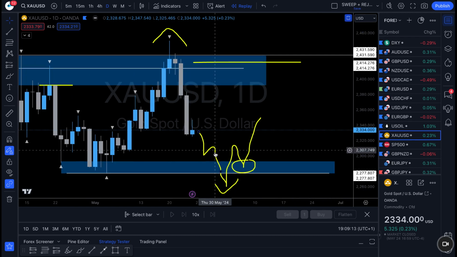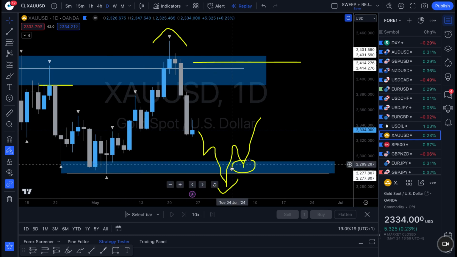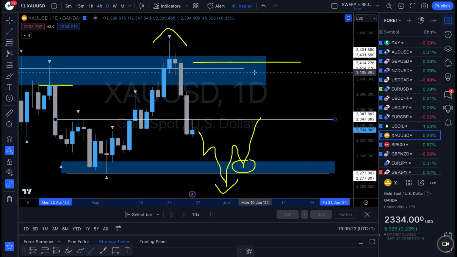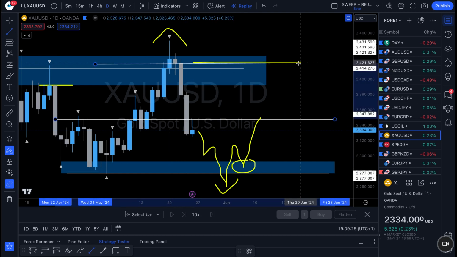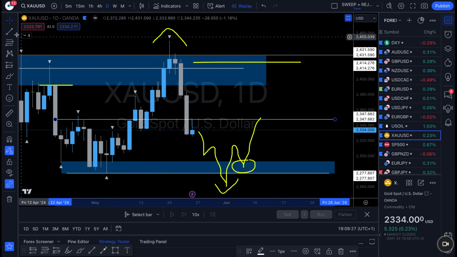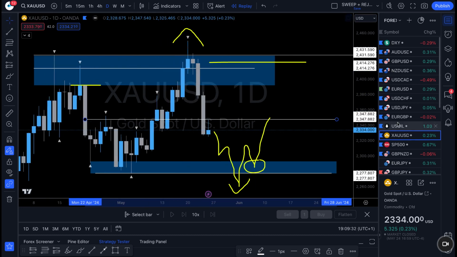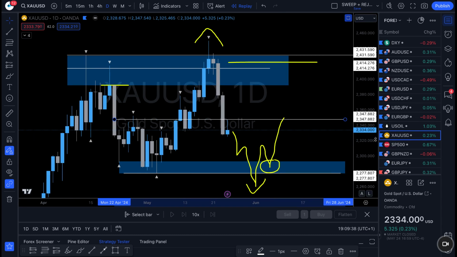Okay, and longs would be if we can trap these sellers here by breaking below this level, then reclaim. We can look to long back up to the mid-range around this area here, and then you've got ultimate targets back up to range highs. Okay, so that's the setup on gold on the daily. Very, very simple range plays as always. Okay, and these patterns repeat themselves time and time again.